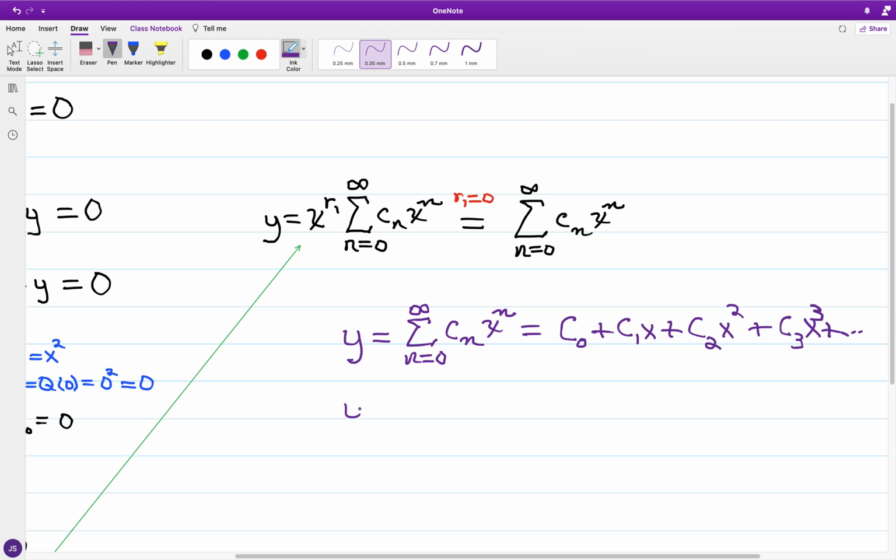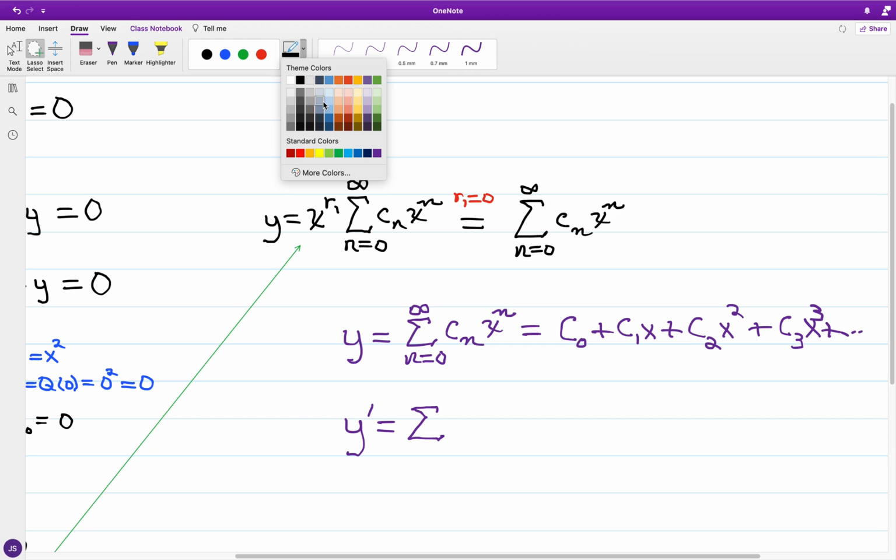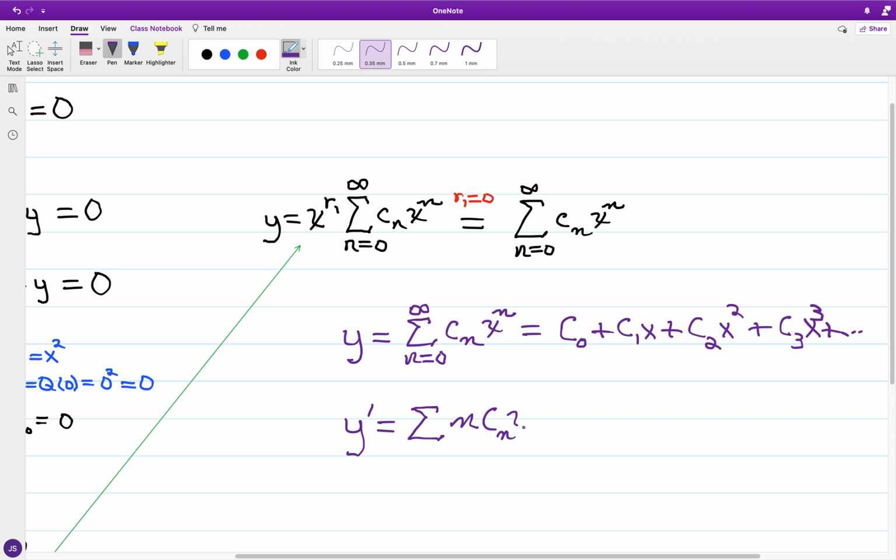Now for the first order derivative, taking the derivative of c of n times x to the n, we have n times c of n times x to the n minus 1.